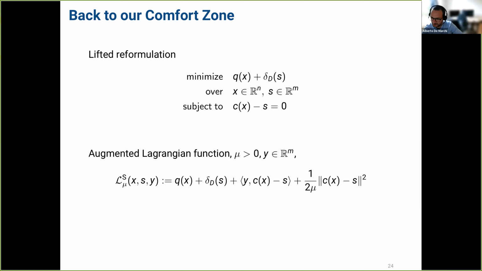And note that here mu is in the denominator, so the smaller mu, the bigger the penalization. Okay, we can also use the sum of squares to rewrite this function. Sometimes it's easier to deal with this second expression.